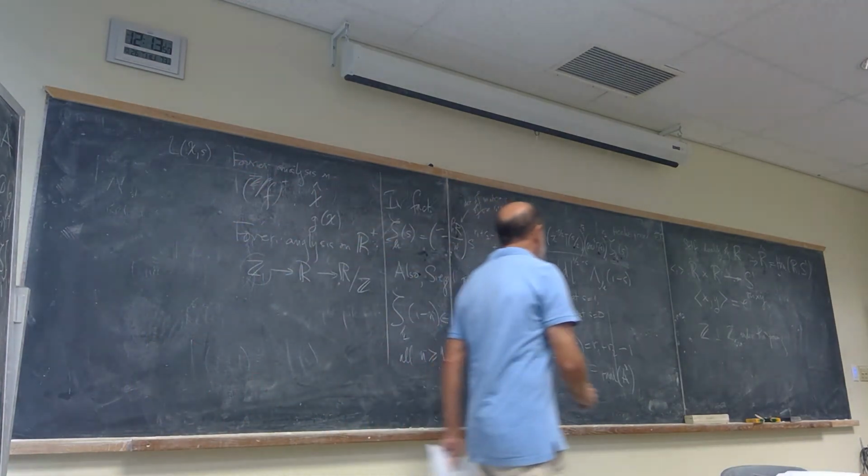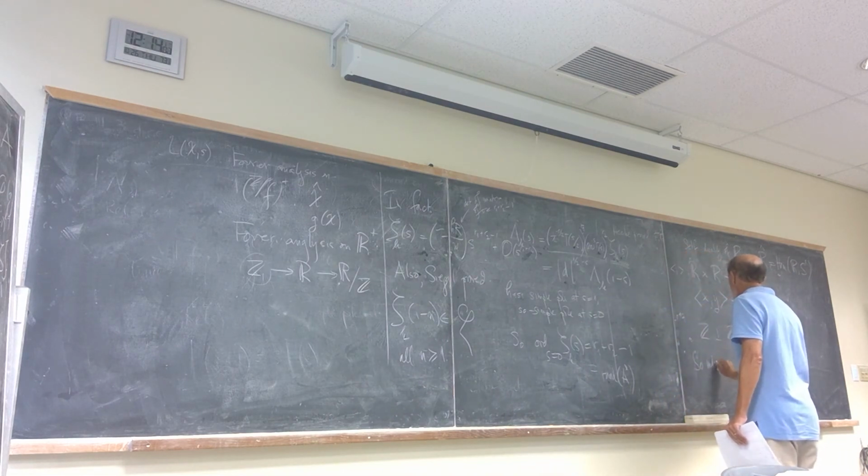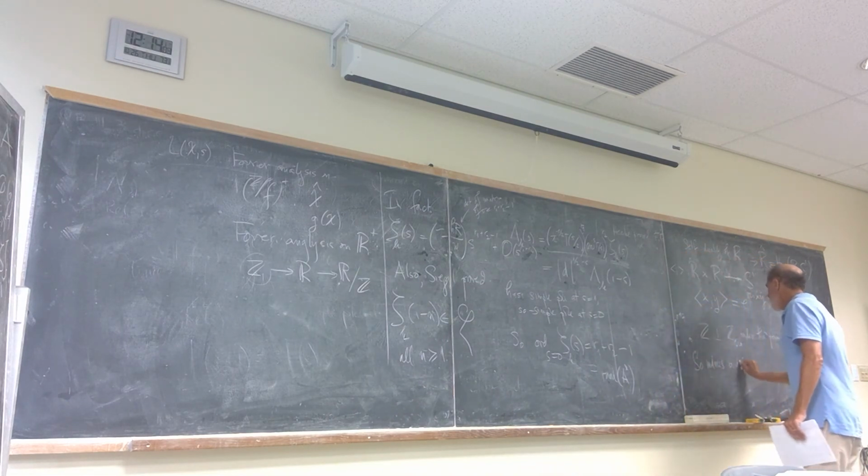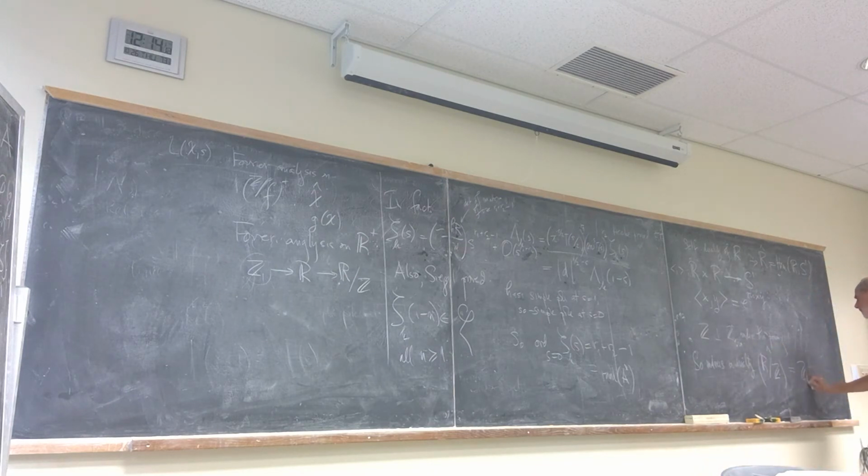Consequently this induces a duality of R/Z. The character group of R/Z is Z. These are precisely the characters of R that are trivial on the integers. And this is a duality between a discrete group and a compact group.